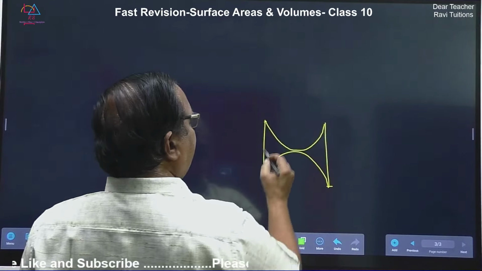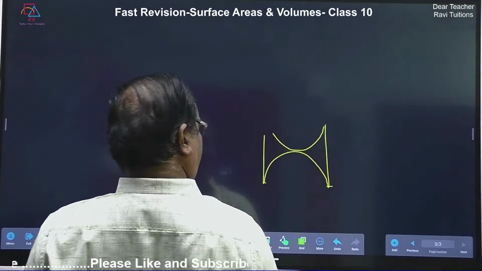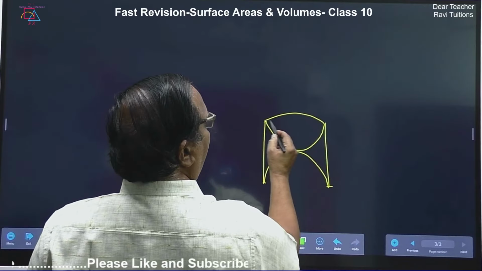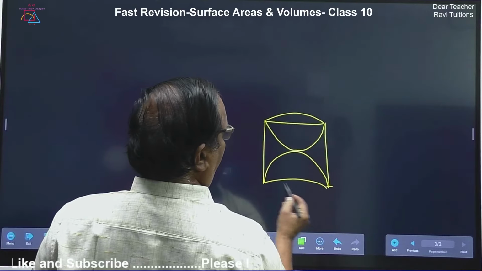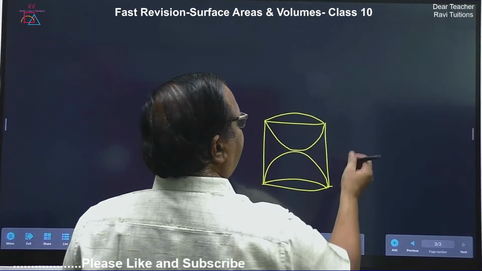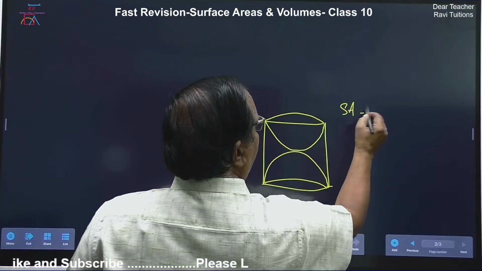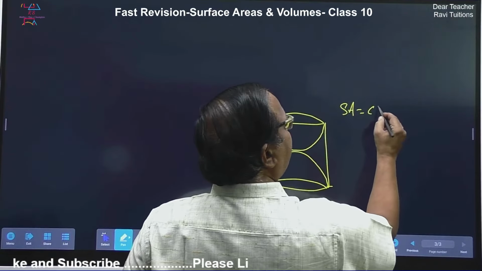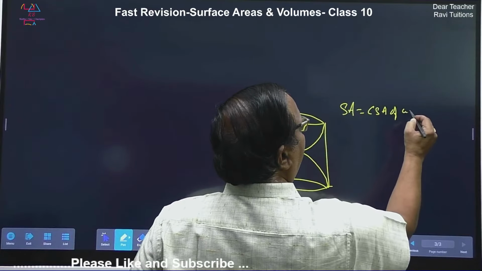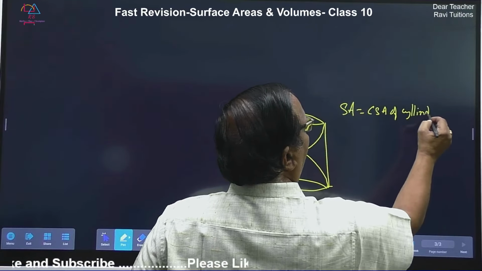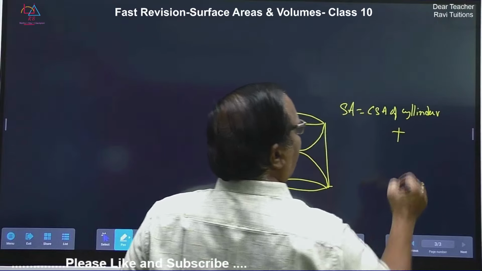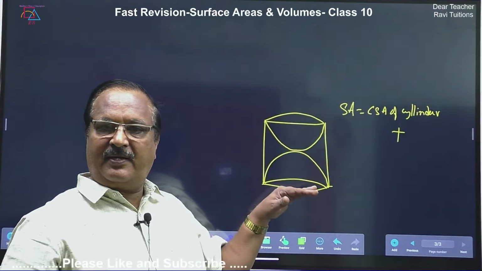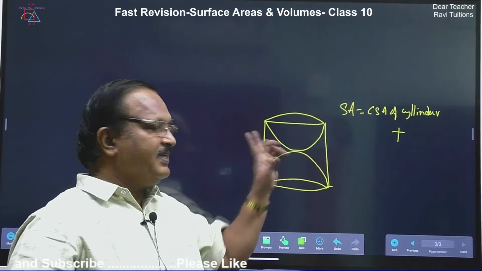Right. So then what is the surface area? Can you tell me? Outer surface area, that means CSA of cylinder plus, base is gone, curved, because hemisphere portions are removed from the cylinder.